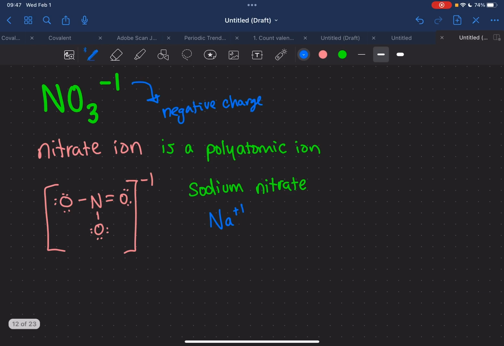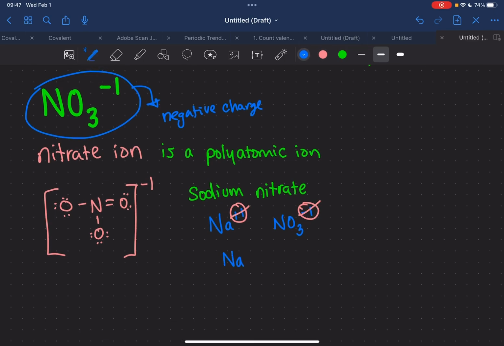And then nitrate, this whole thing is a nitrate, so I'm going to write NO3. It's a nitrate ion, and nitrate ion has a charge of -1. And now I'm noticing that these charges already cancel each other out, right? They add up to 0. So I just need one sodium ion and one nitrate ion.